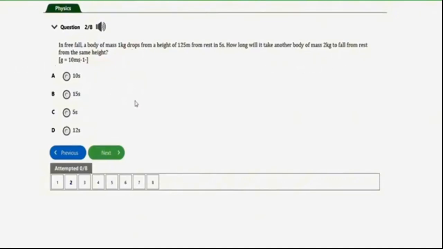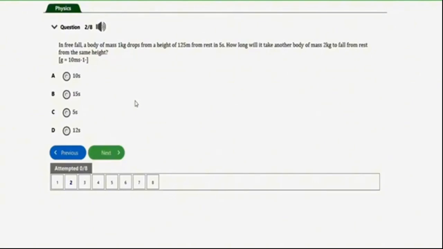The reason is that the time it takes for an object to fall from a certain height under the influence of gravity is independent of its mass. This is because the force of gravity acting on the object is proportional to its mass, and therefore the acceleration of the object due to gravity is constant.